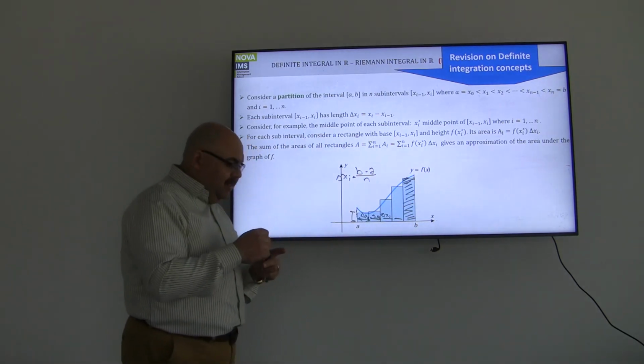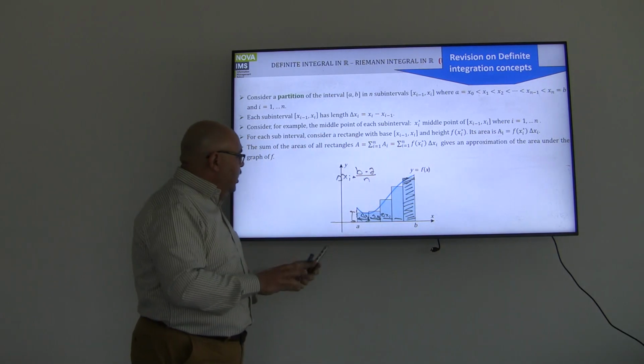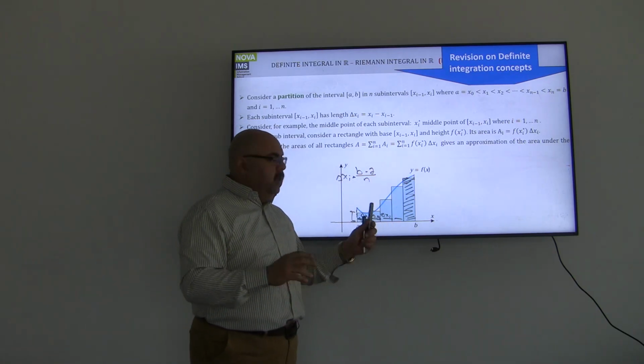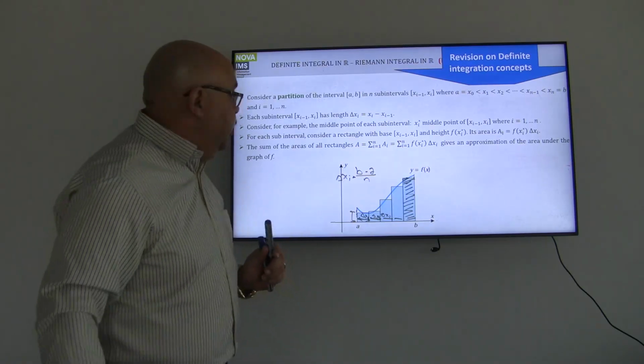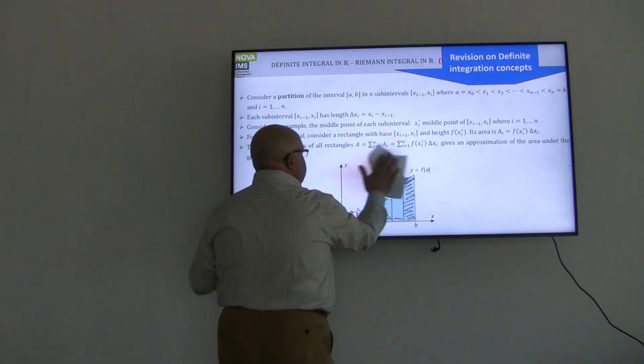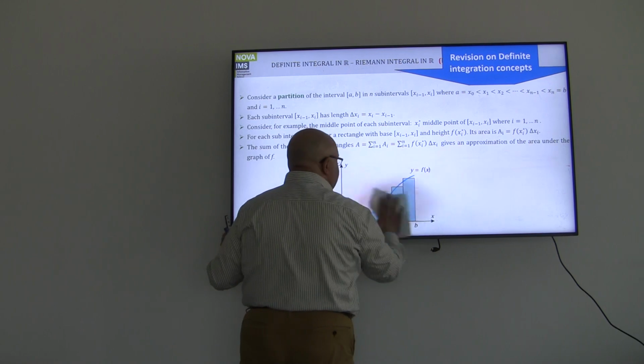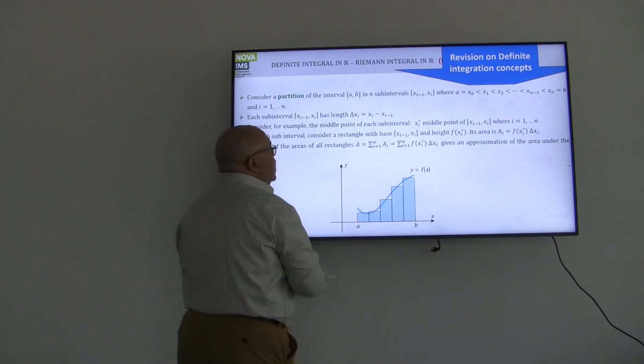Adding them over the various rectangles will give me a very close result to the area under the curve. That's mainly the main idea of integration.